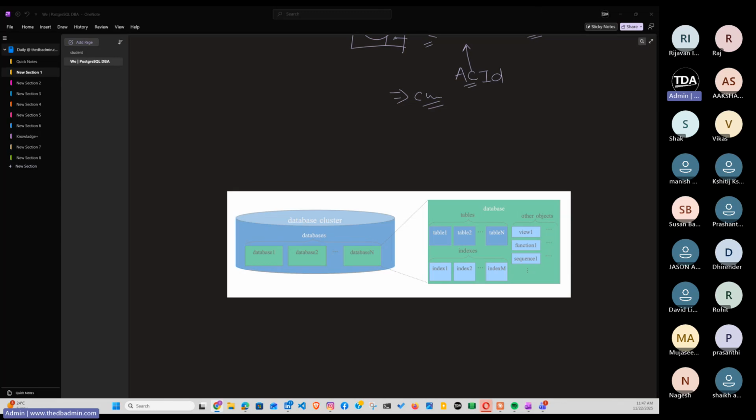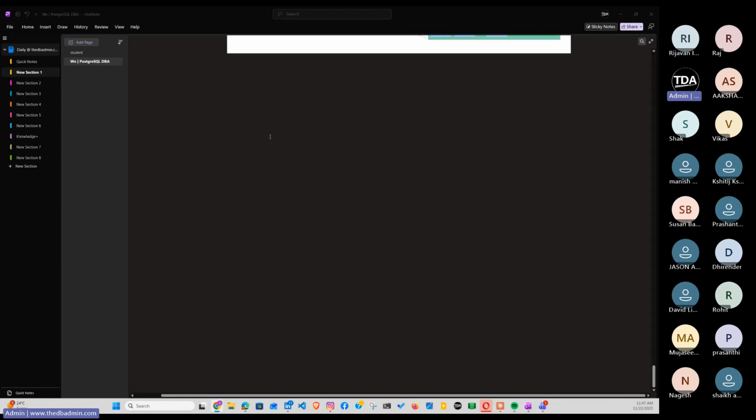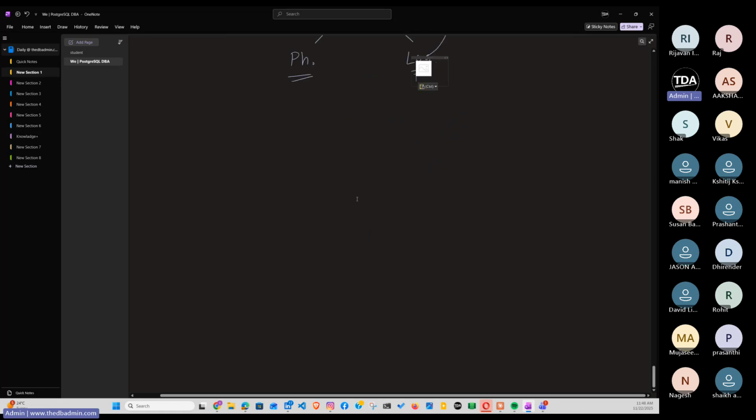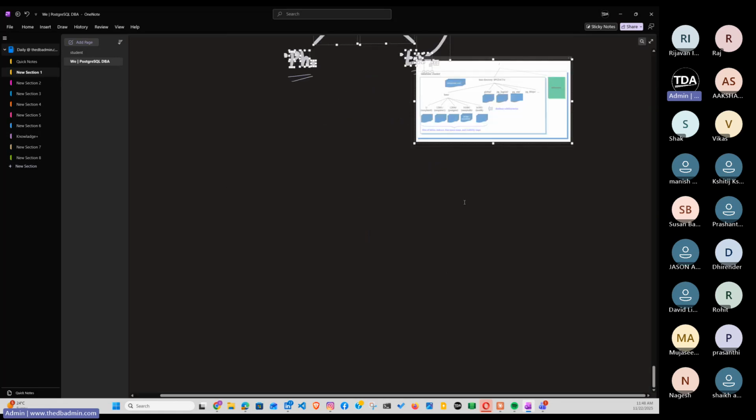I am dividing the database into two parts, physical part and logical part. Whenever I am talking about the logical part, I am referring to this particular image. Whenever I am referring to the physical part of the database, I am referring to this particular image.